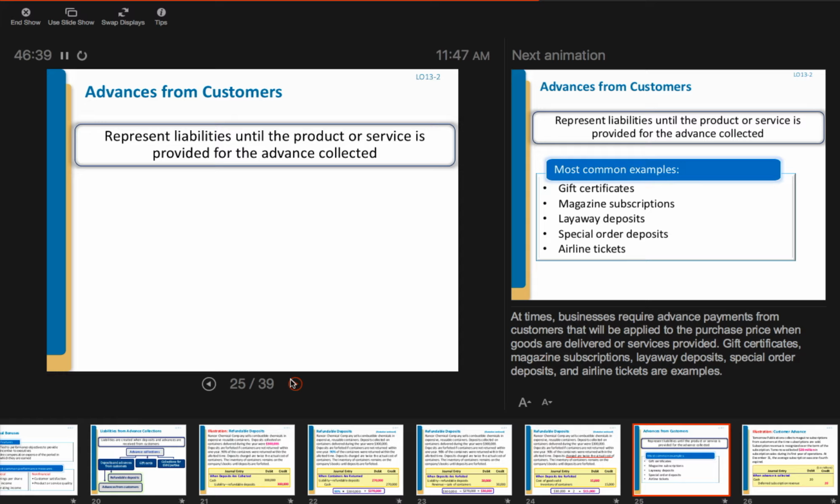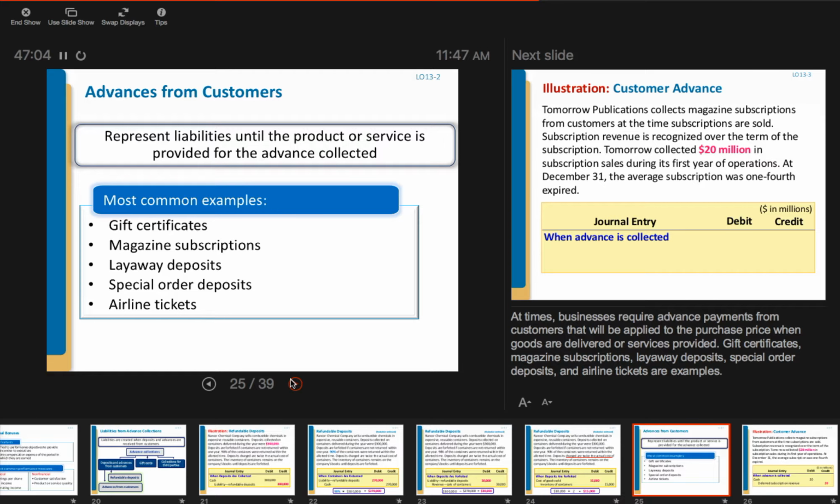If someone pays for a subscription to a magazine, you have to provide them with whatever magazines come in the future. If someone prepays for, I don't really hear of this, but prepays for cable TV or something, you have to provide them the services for that into the future. So these are all handled the same way.